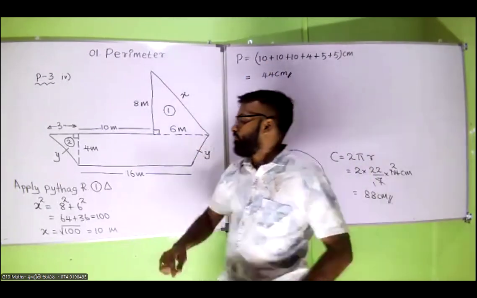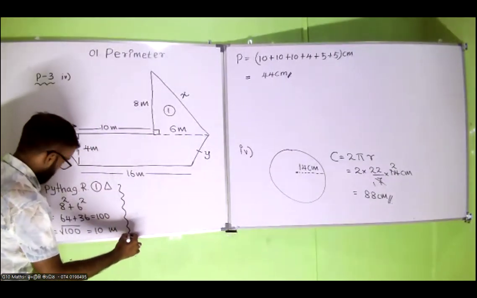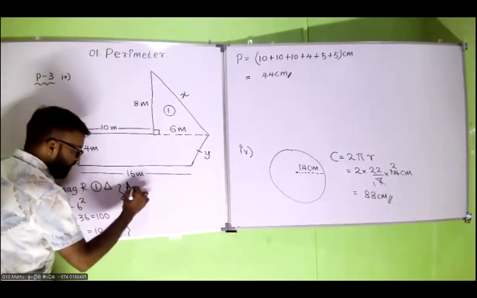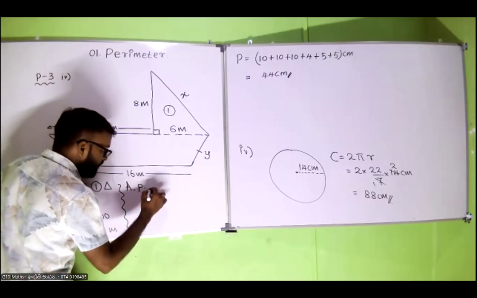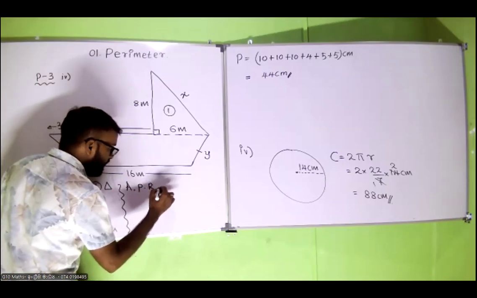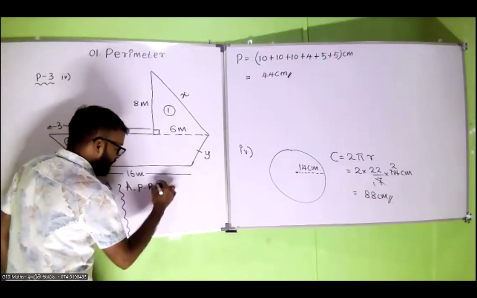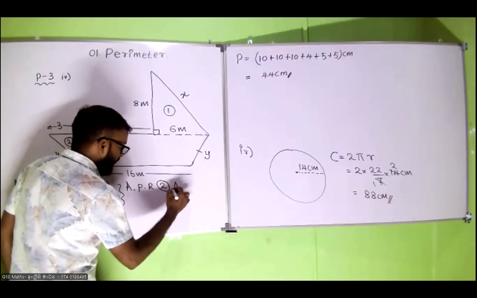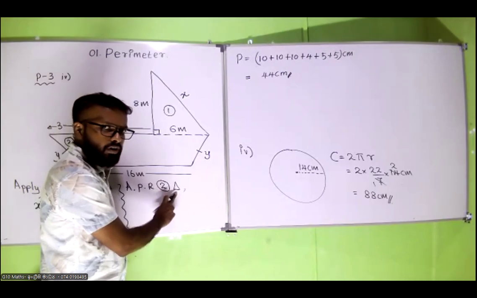Then let's go for finding Y. Same thing. Apply the Pythagorean relation. You cannot just write like this; you have to explain it in words. This is the notation for triangle.